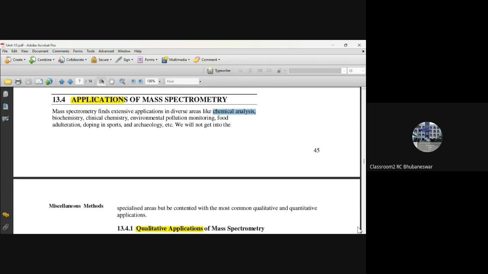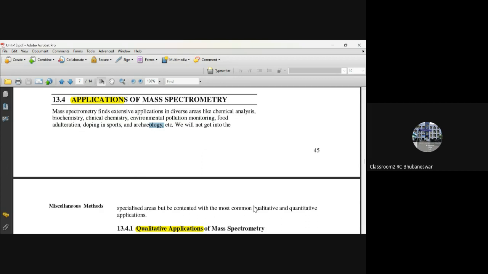Then in the biochemistry line, in clinical chemistry also it is used. Then environmental pollution monitoring, food adulteration, doping in sports and archaeology. So many sectors are there.